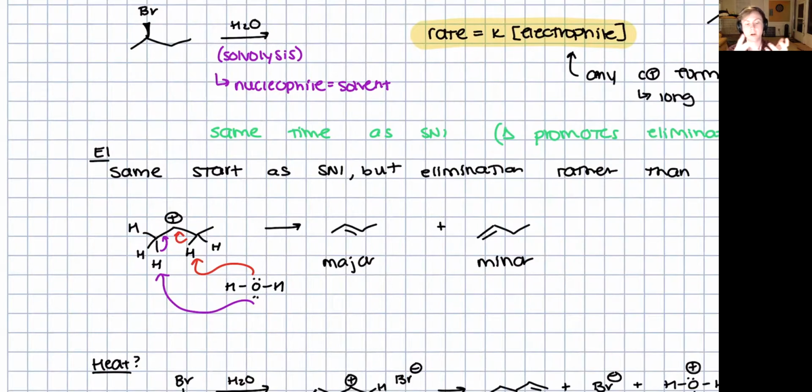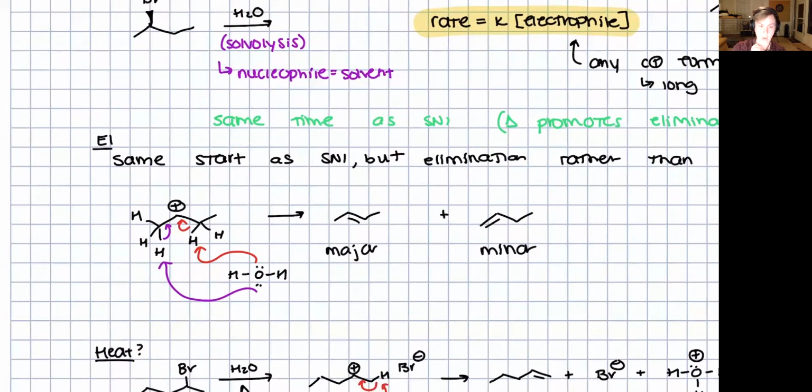The red set of arrows will lead to the major product, and the purple set of arrows will lead to the minor product. Because again, this is a solution of a lot of different products, and we're going to have some statistical probability of forming one over the other. But the major product will be much, much more than the minor.